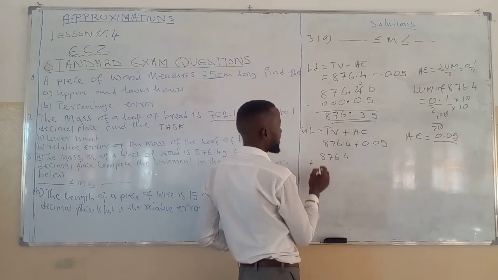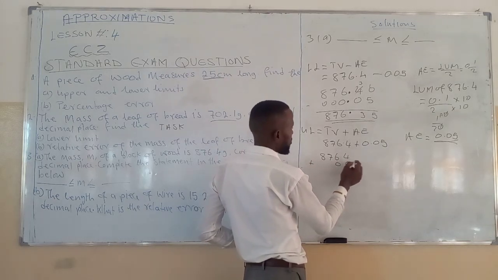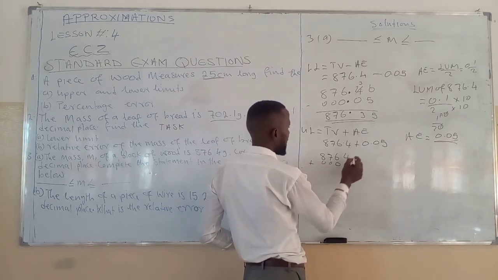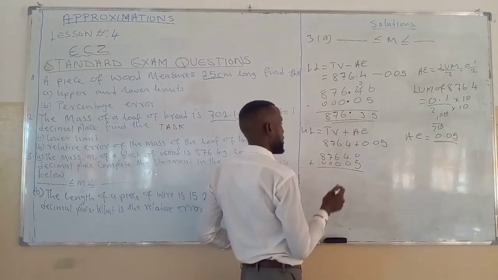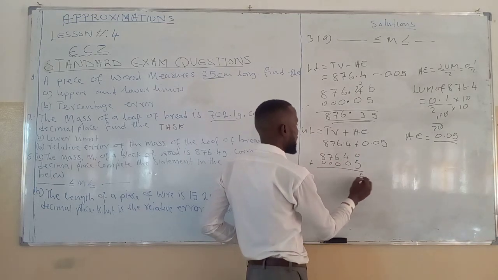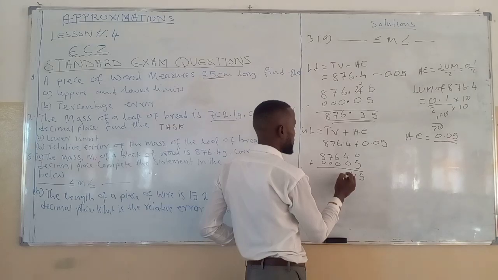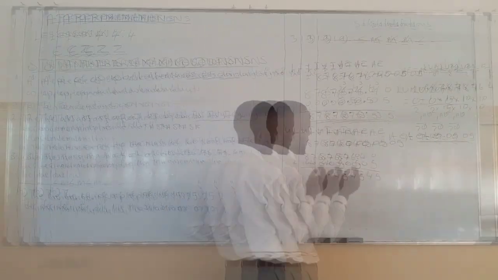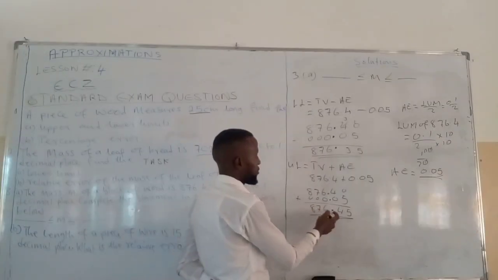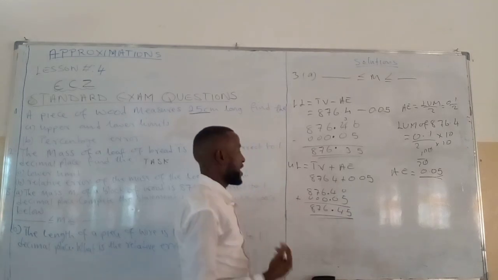You can put zeros there if you want. So 0 plus 5 is 5, 4 there, point. These are decimals. We simply have 876.45 as the upper limit.